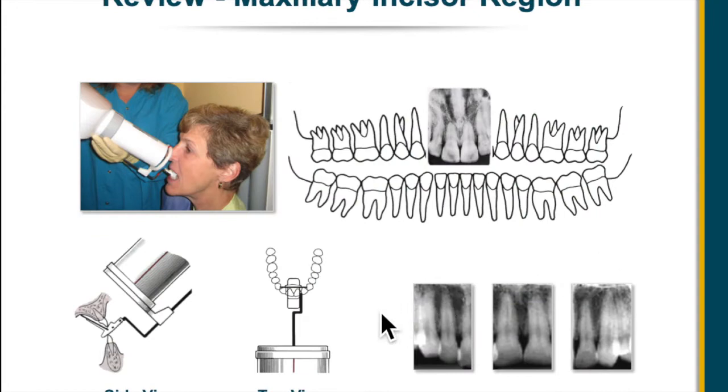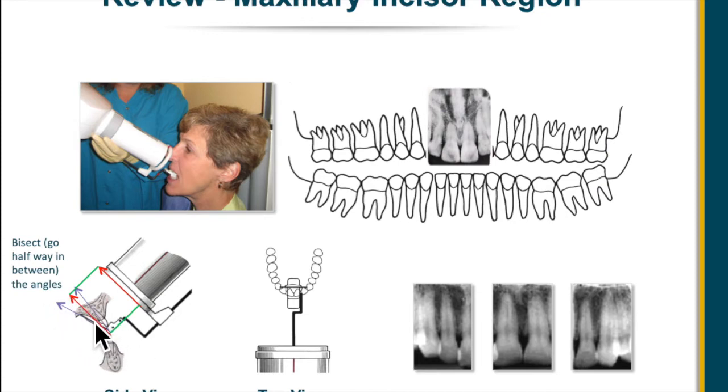And I want you to, again, think about the bisecting angle technique. So this would be using the Rinn cone. The bisecting angle, once again, is the angle between the film and the tooth.